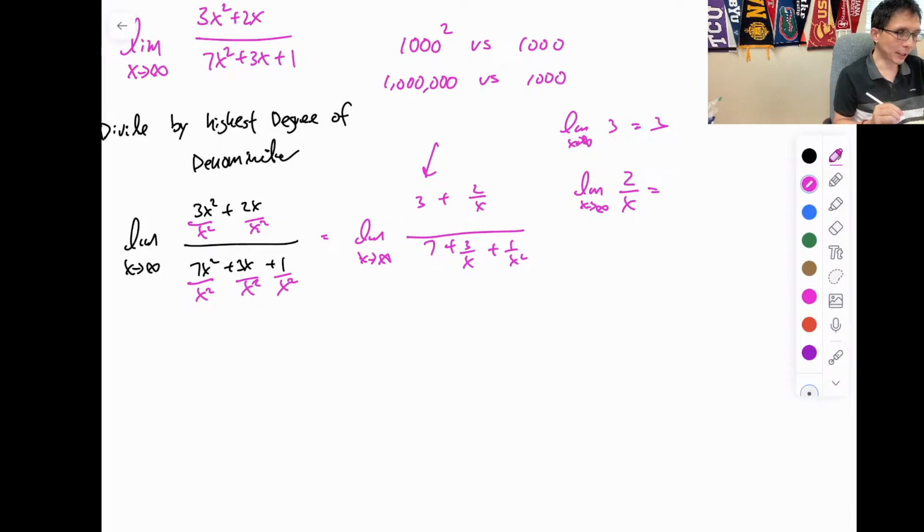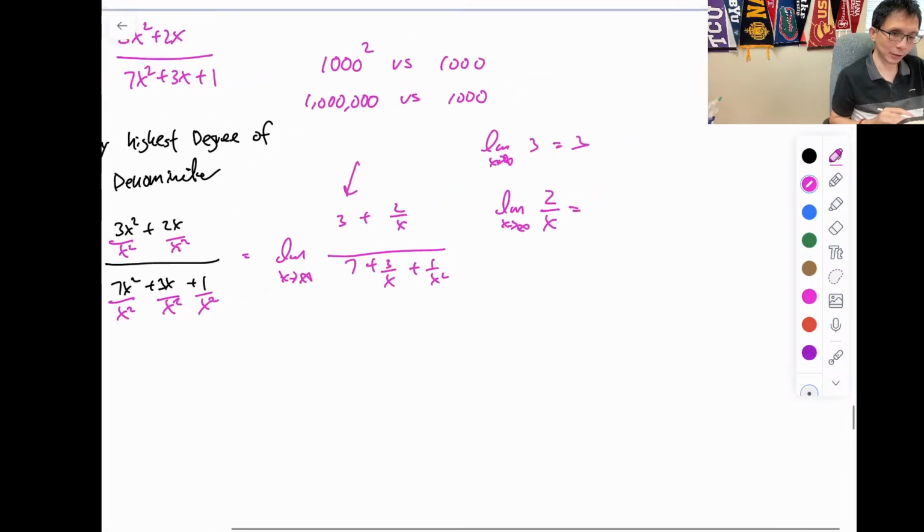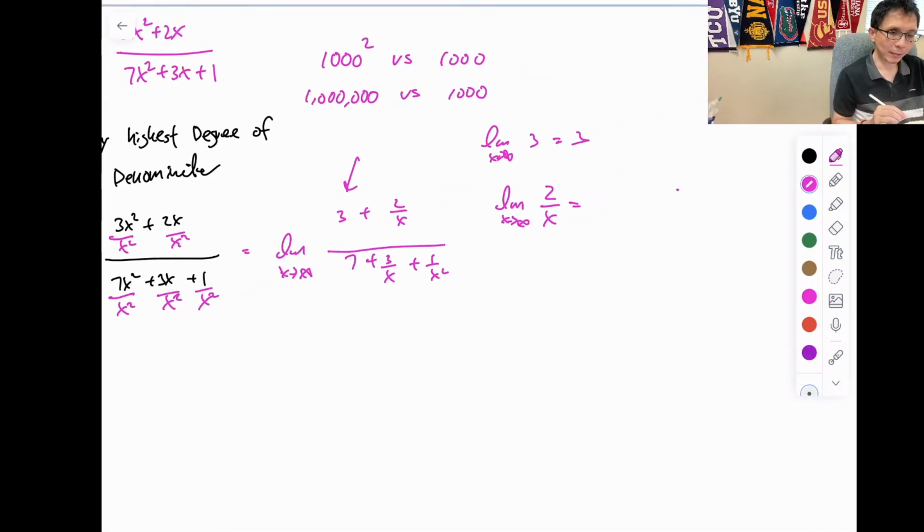I'm going to give you an analogy. Imagine 2 over 10 is 0.2. Increase to 100, it'll be 0.02. Increase to 1,000. What's the number approaching? Approaching 0, right? The bigger the number on the bottom, and the top is a constant, this is going to go to 0.